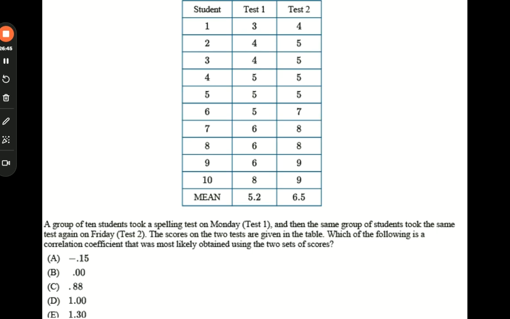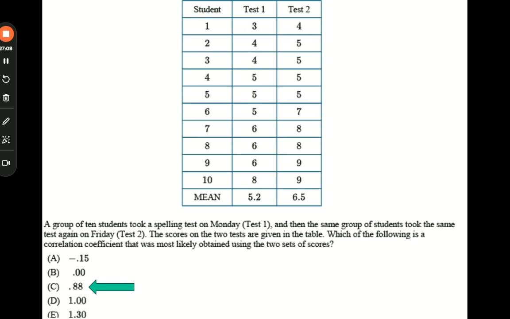Not a perfect positive correlation, but fairly strong. And it'd be positive because they seem to be in line with each other. A negative correlation would mean that if one went up, the other would go down. But this is a positive correlation. So the answer is C.